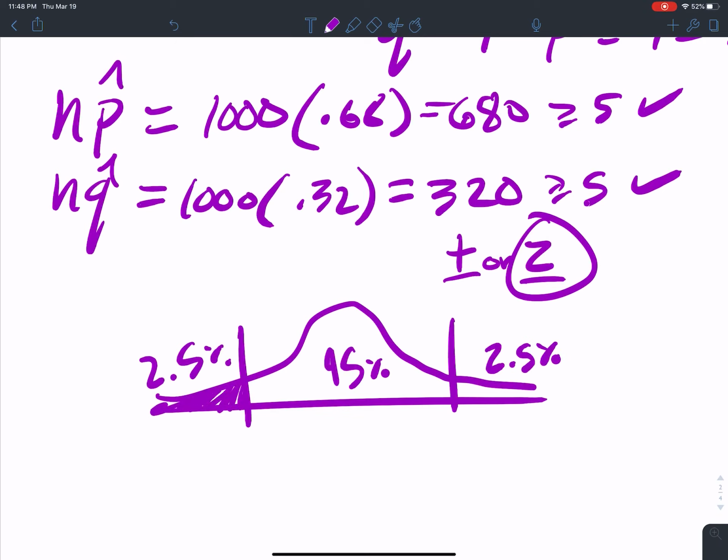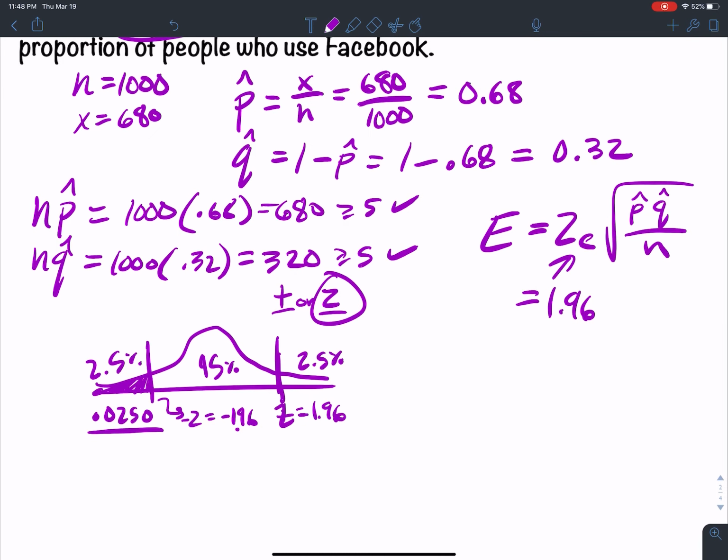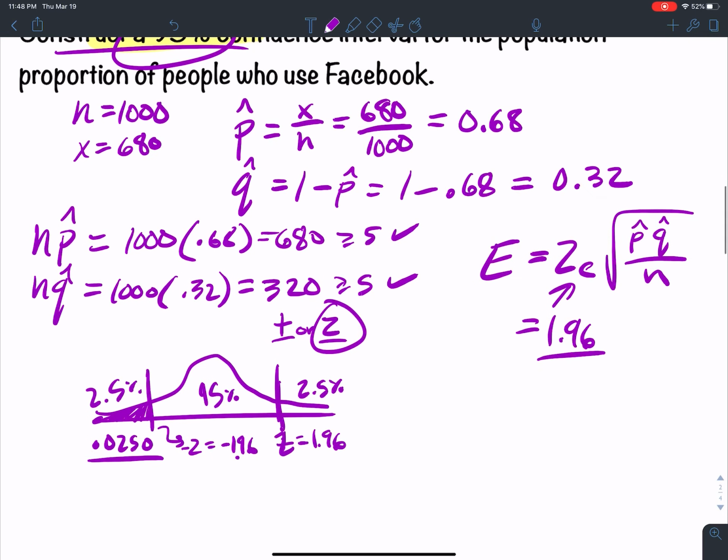So I know that this area is 0.0250, and I go look up that number in the Z chart, find Waldo, and I get Z equals negative 1.96, and then on the positive side, it's Z equals 1.96. That's how you would find it using your head, and if you want to use the chart in that little corner, the level of confidence, you can get it that way as well.